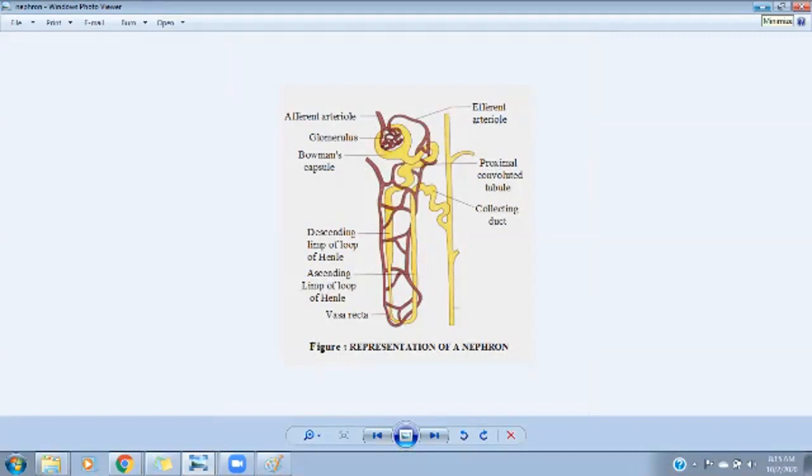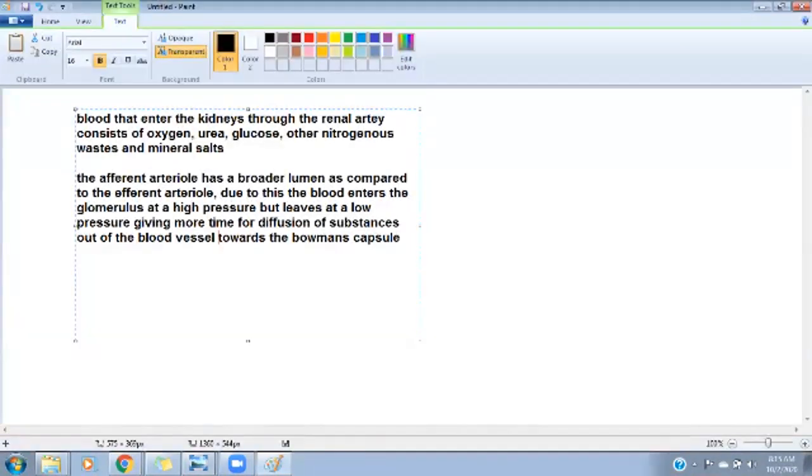अच्छा, दो प्रोसेसेस होते हैं जो आपके यूरिन फॉर्मेशन में इन्वॉल्व होते हैं. There are two processes that are involved in the formation of urine.